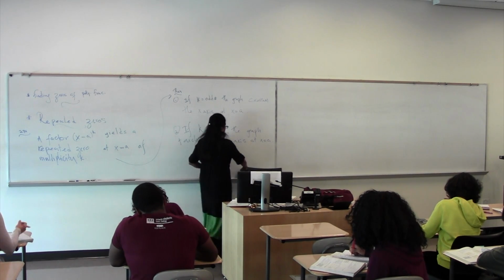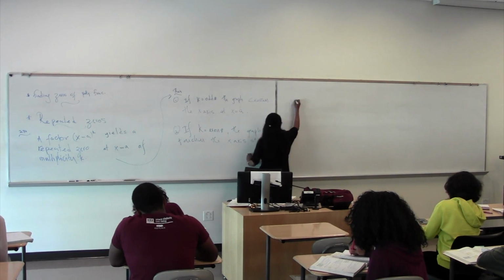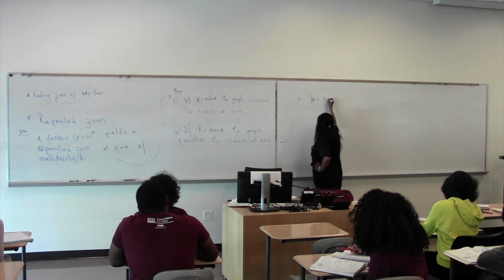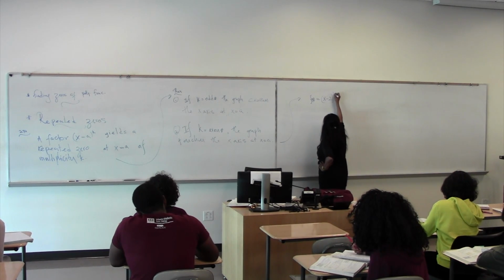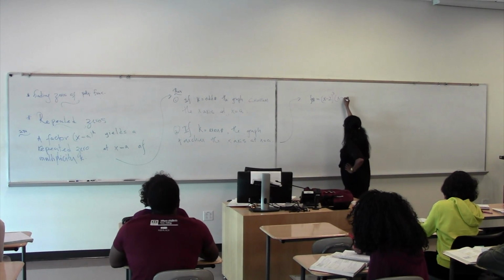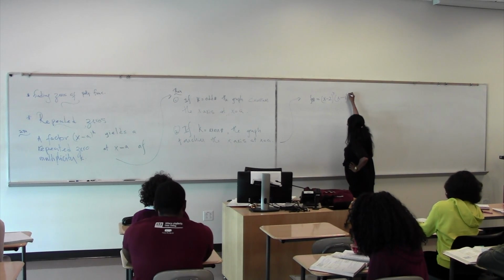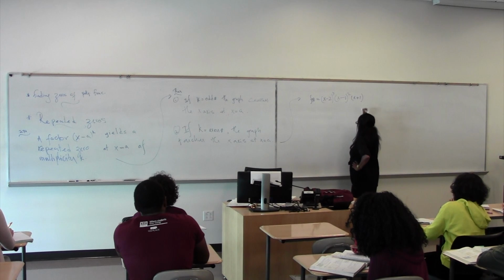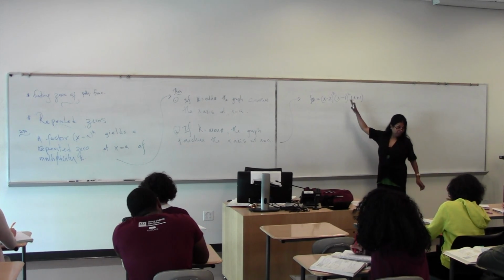Remember we did the polynomial yesterday? Remember we did something like this. F of x is equal to, at the end we are going to factor this. Let's say we already factored it.